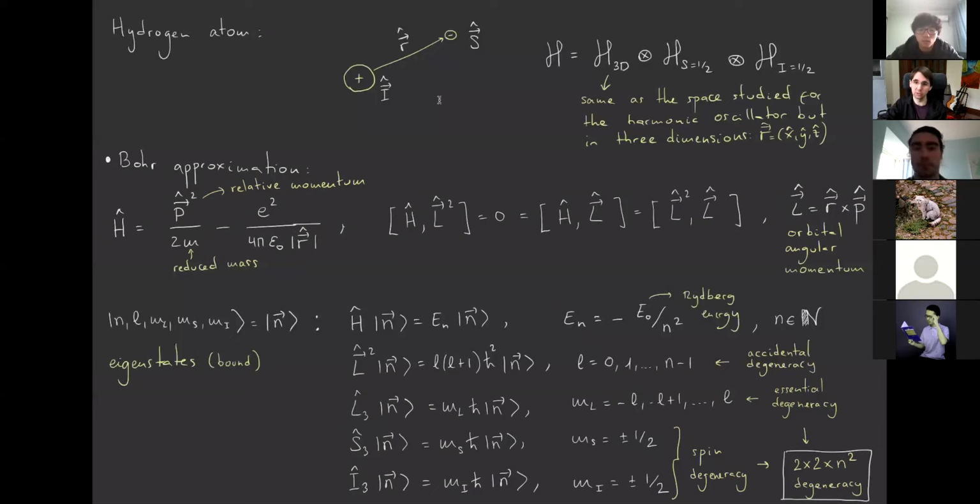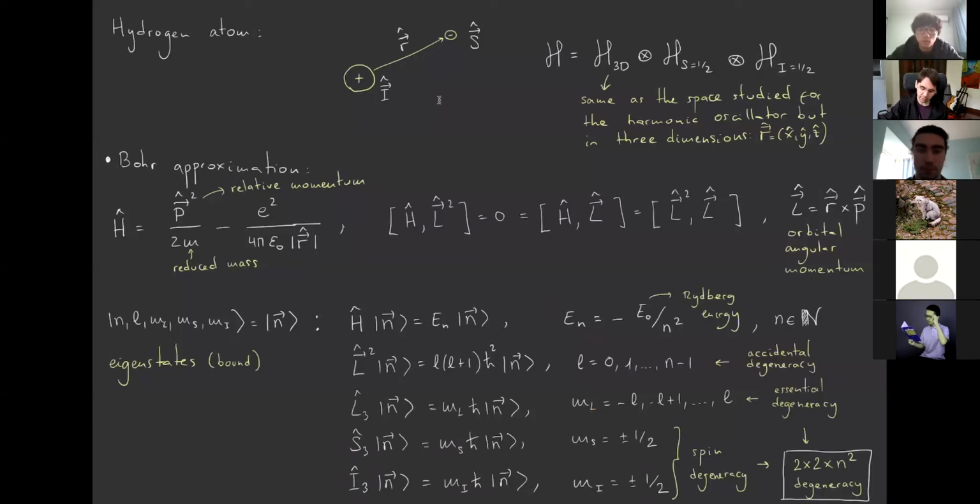Hamiltonians which are invariant under rotations all have this degeneracy in the magnetic quantum number. We call it essential degeneracy. It works for any rotationally invariant potential.